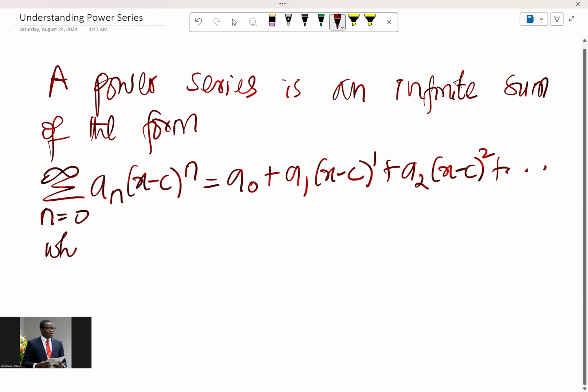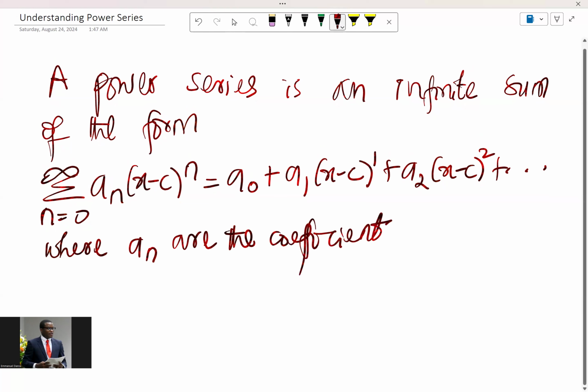So the first component is a_n, where a_n are the coefficients. So that's like a_0, a_1, a_2, a_3, a_4, a_5, and so on. Then, of course, you have x, which is the variable.